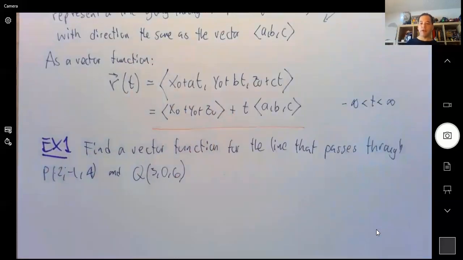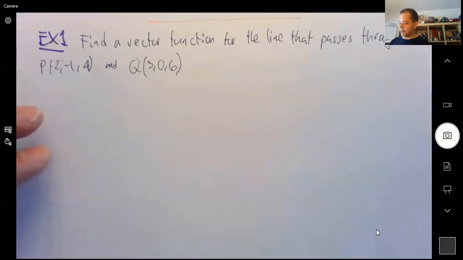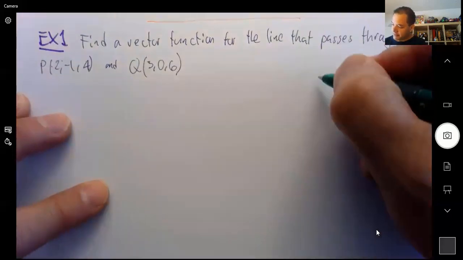Okay, so that's what we want to do. A picture is not terribly necessary, but it helps a little bit. So let's try to come up with our picture here. Put our axes.